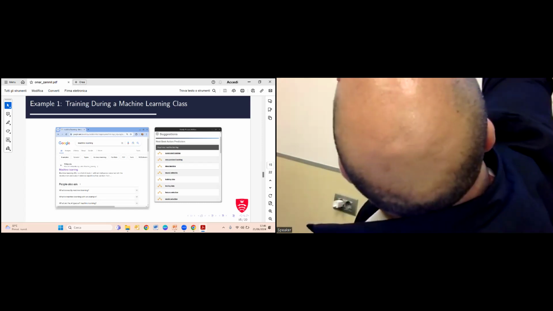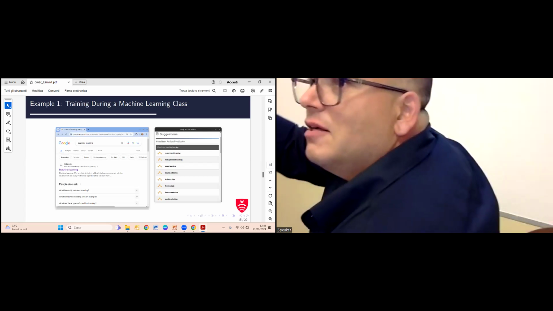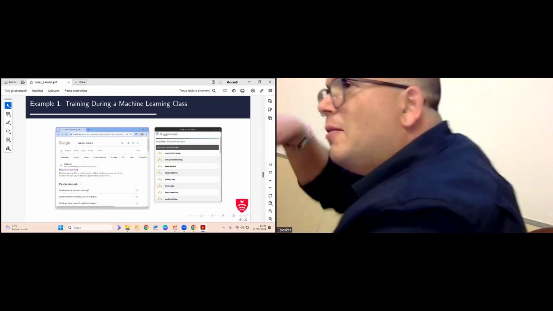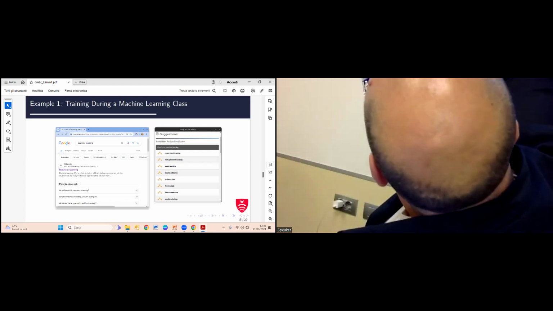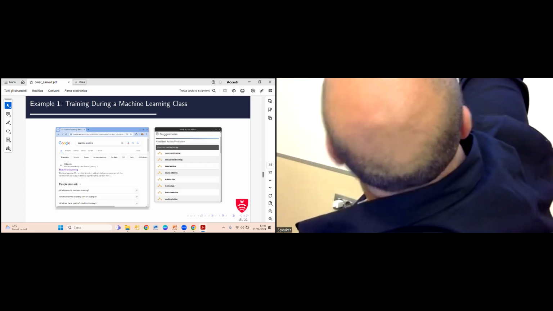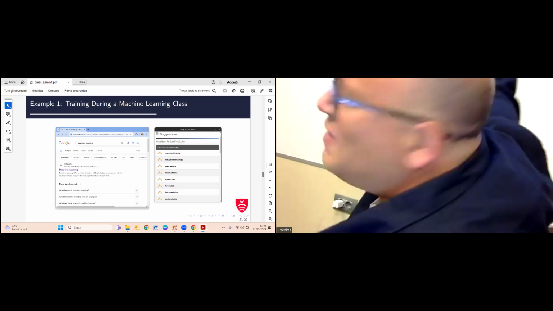Here I have an example of, for example, a student who searched machine learning, and the system predicted other topics that go a bit beyond that, or maybe more granular, that he might be interested in. So we have supervised learning, deep learning, neural network, training data, testing data, feature selection.